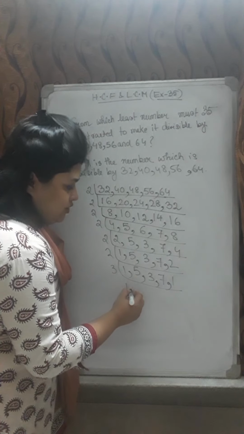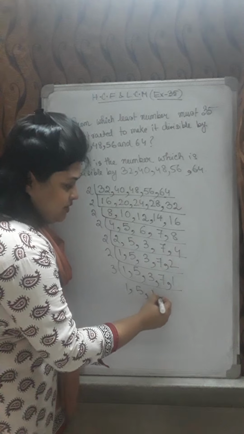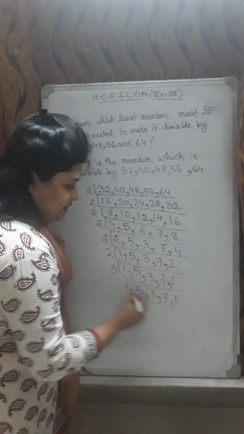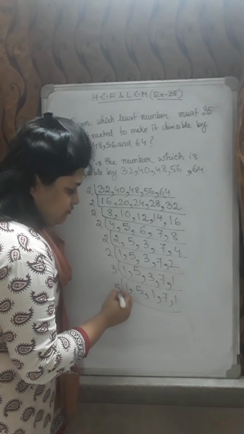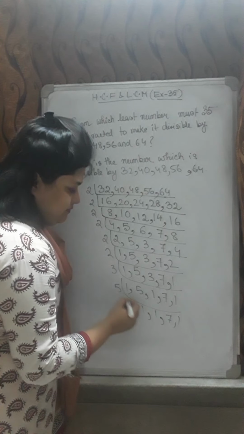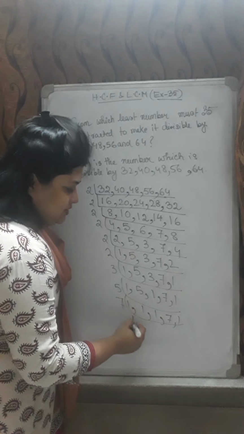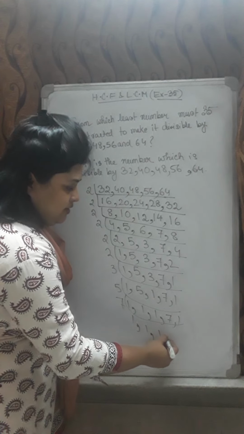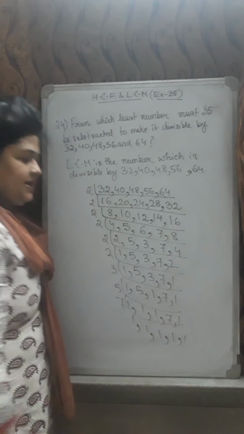Now with 2 we cannot divide, so we start with 3, then 5, then ultimately 7. When we divide, we get all 1 in the end.